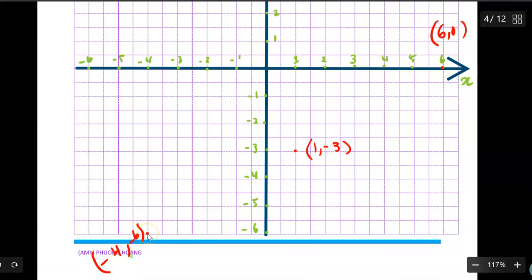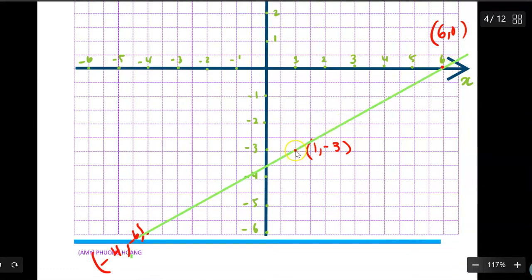I connect the graph like this, to show that it goes through these points. You see, to be quite precise, it actually goes through these 3 points here. This is the 6 and the 0.